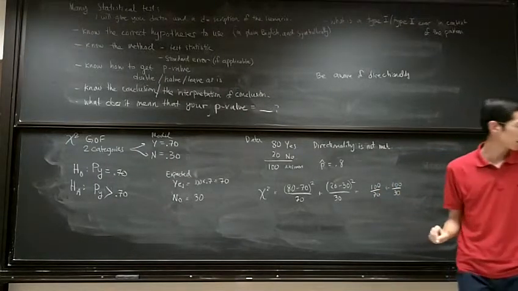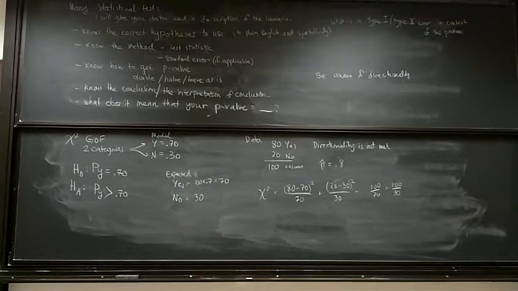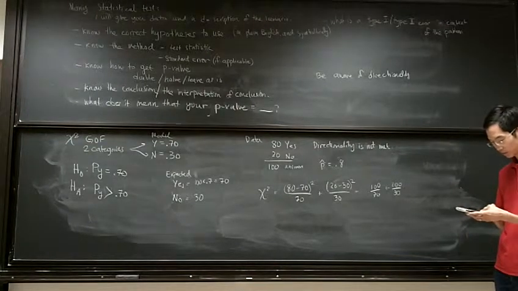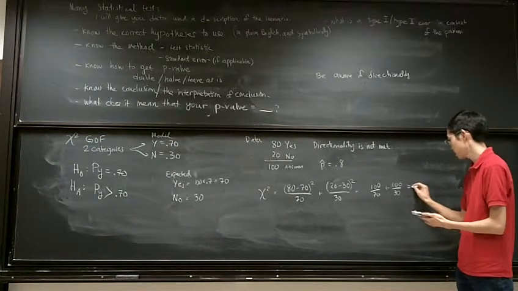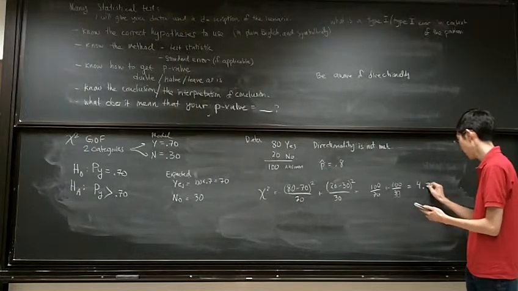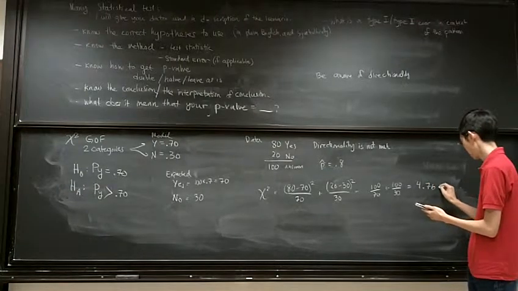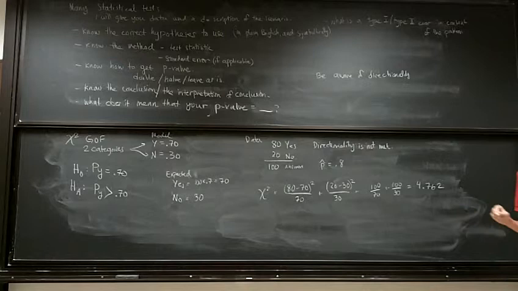We have a chi-squared statistic of 4.762. Now I look this up.